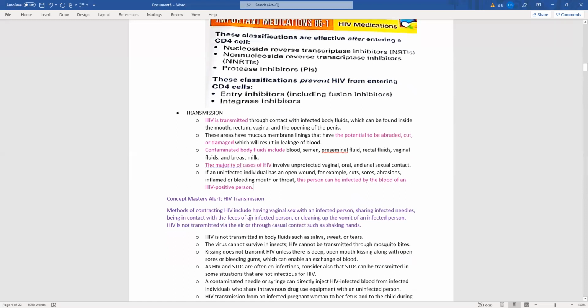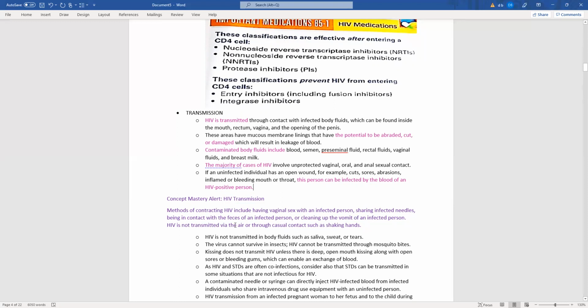So here goes a concept mastery alert. HIV transmission. Methods of contracting HIV include having vaginal sex with an infected person, sharing infected needles, being in contact with the feces of an infected person, or cleaning up the vomit of an infected person.